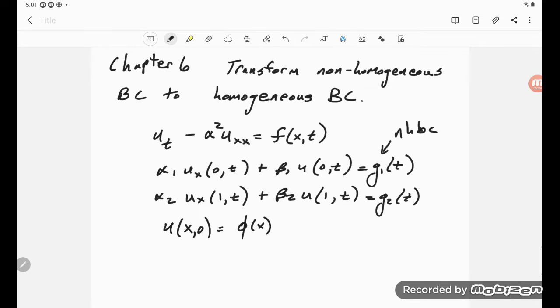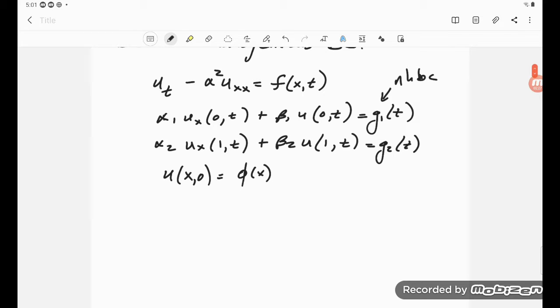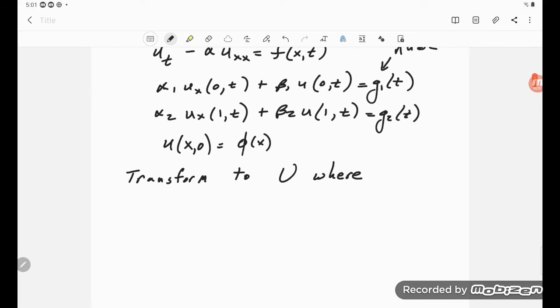What they say is, well, we may not be able to solve it directly, but the way we can solve this problem is to actually transform it, and they use an uppercase u, so we'll do an uppercase u like that, where that particular u satisfies u sub t minus alpha squared u sub xx, so that part's nice.